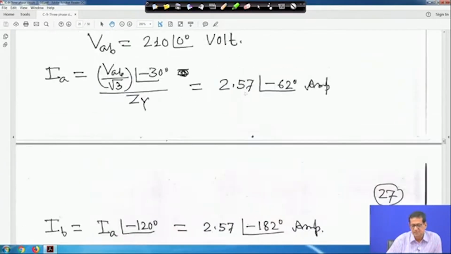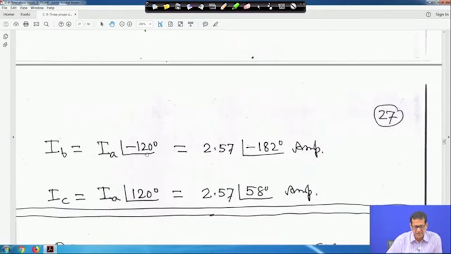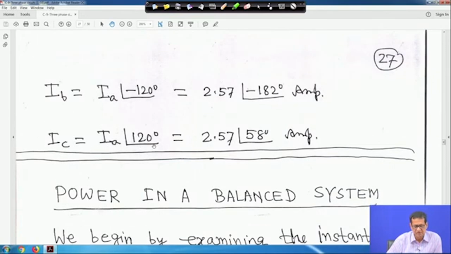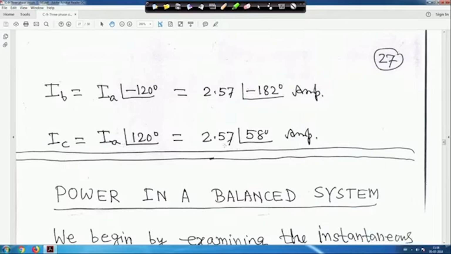Substituting the IA value, minus 62 minus 120 will be minus 182 degree, and the magnitude of the current will remain the same, 2.57 ampere. Similarly, IC is equal to IA angle 120 degree, so it will be 2.57 and angle minus 62 plus 120, which is 58 degree ampere.